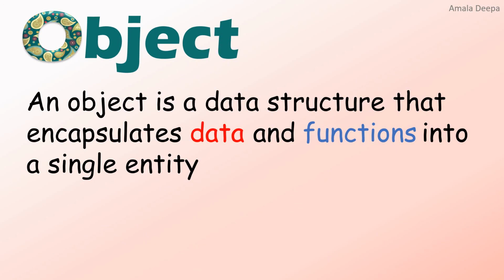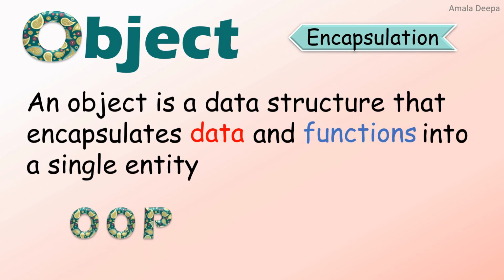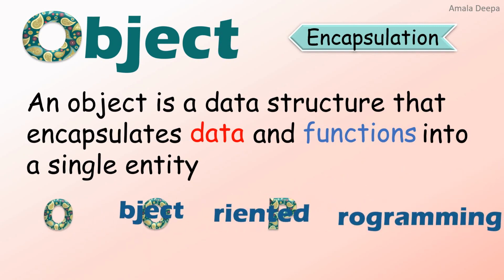One of the basic principles of object-oriented programming is encapsulation. The term encapsulation is derived from the word encapsulate. Hence, encapsulation is the process of binding data and functions together. Hence, we can conclude that object is the basic unit of object-oriented programming.